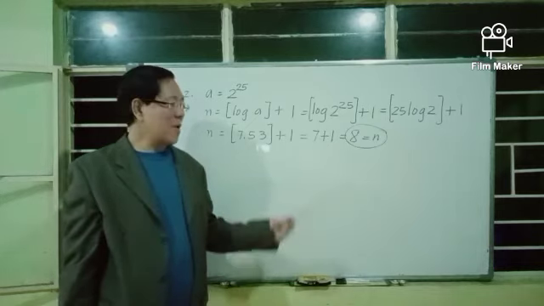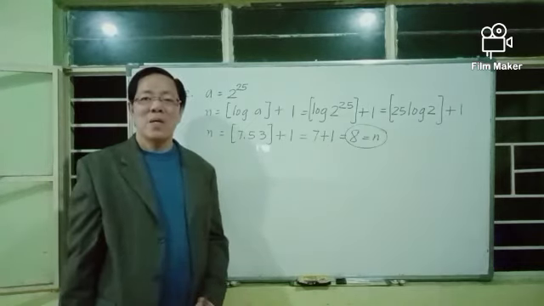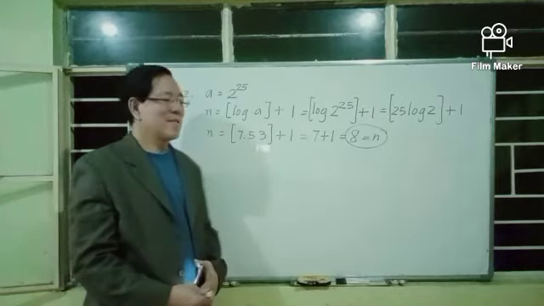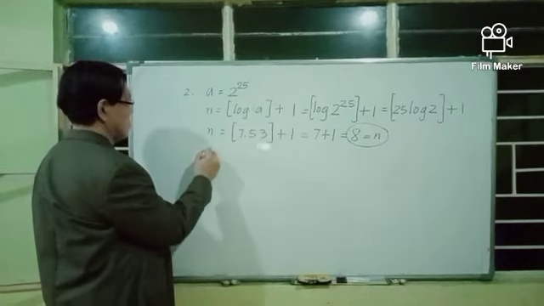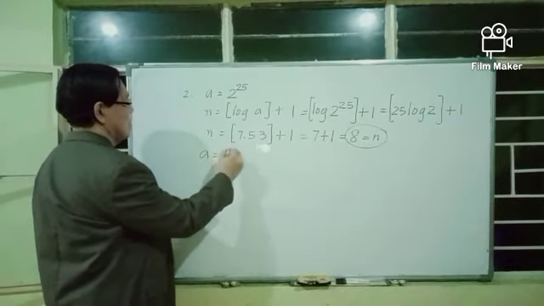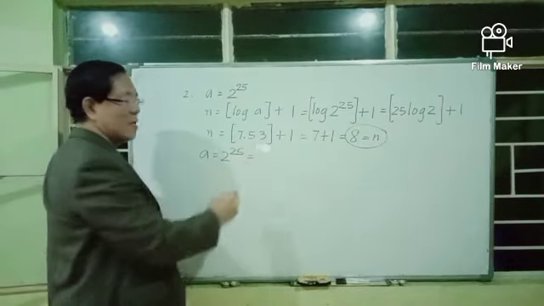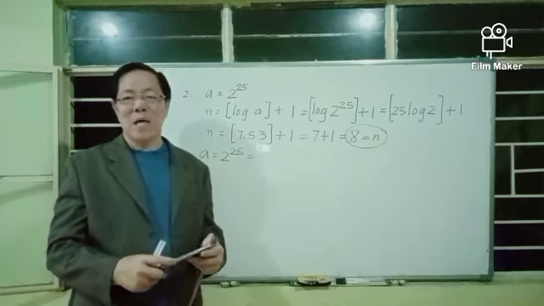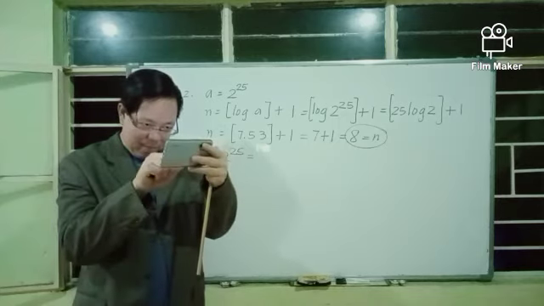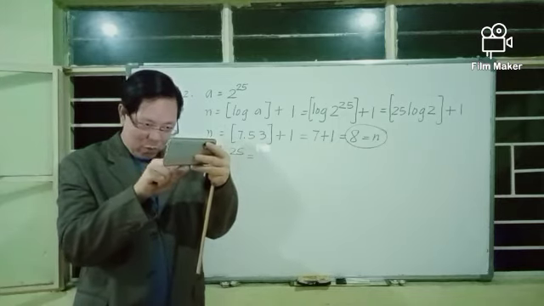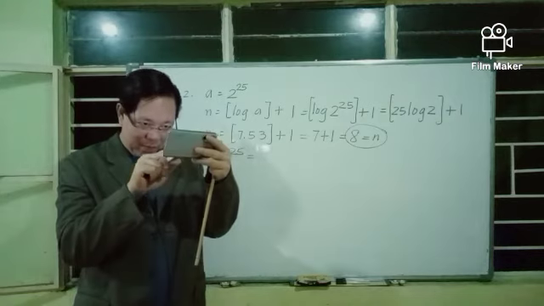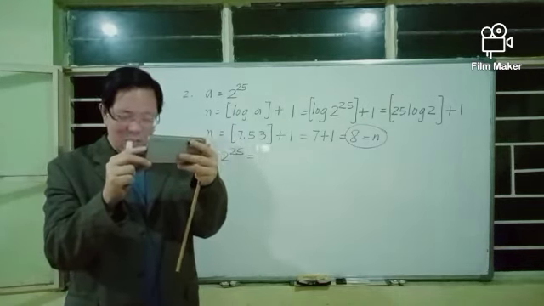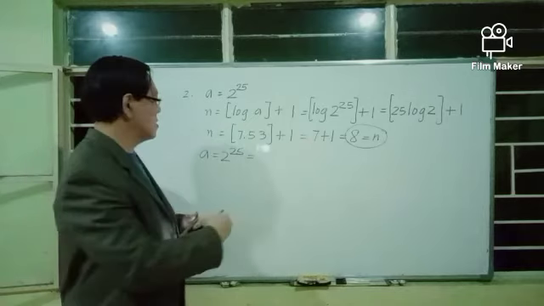Now we check if 8 is correct by actually writing the decimal representation of 2 to the power 25. Using your calculator, you compute the value of 2 raised to 25, and you should get 33,554,000.